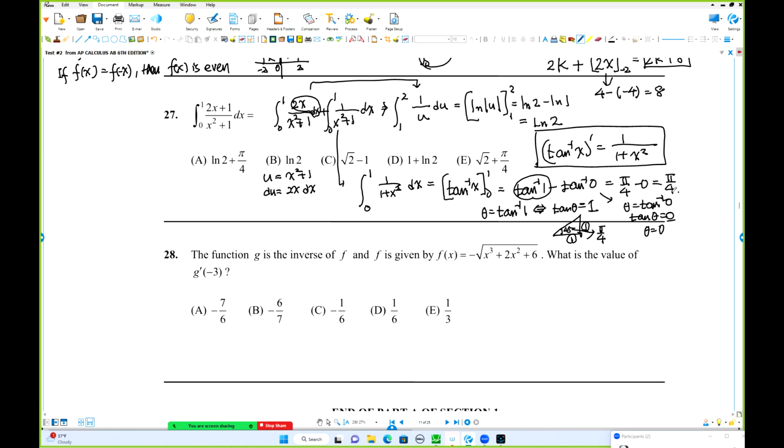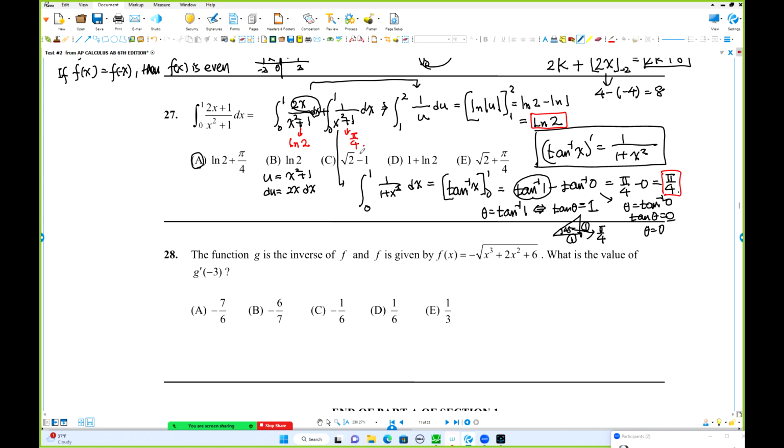The first integral is ln 2, the second integral is pi over 4, right? So where is the answer? ln 2 plus pi over 4, right? Choice A is the answer, okay? You're going to add ln 2 and pi over 4. This is the value, this is ln 2, this is pi over 4, okay?